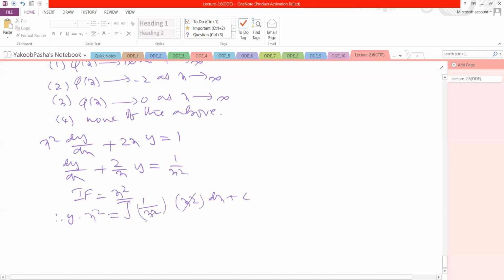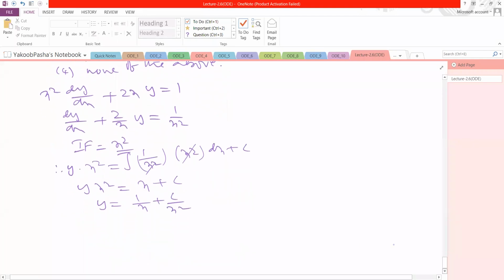Here x square will be cancelled. So y into x square is equal to the integration of dx, which is x plus c, and dividing with x square, y is equal to 1 by x plus c by x square.